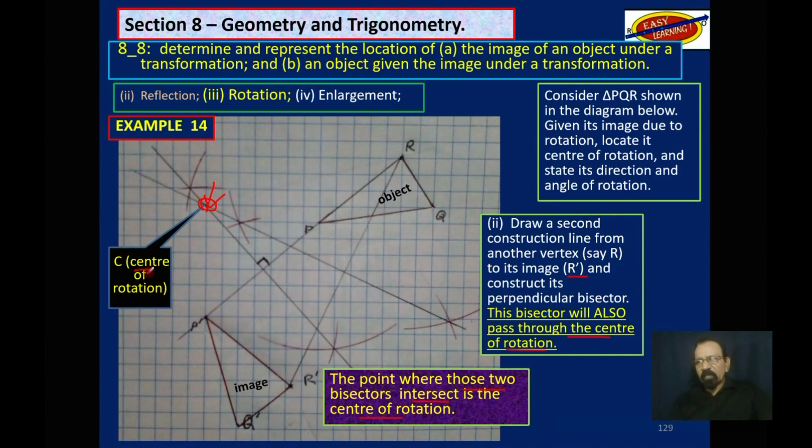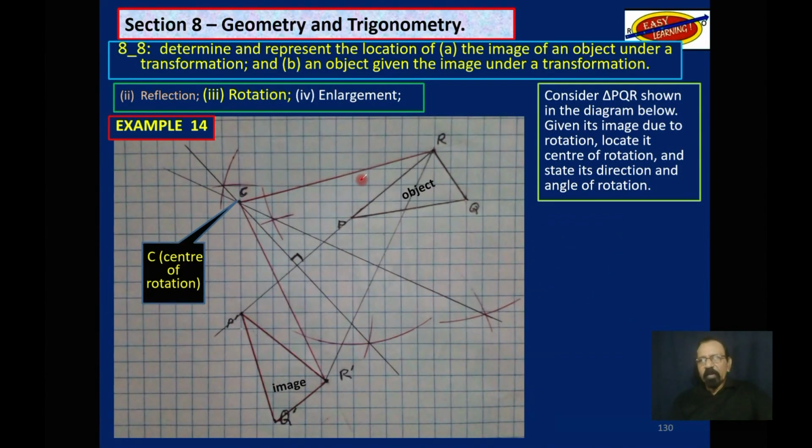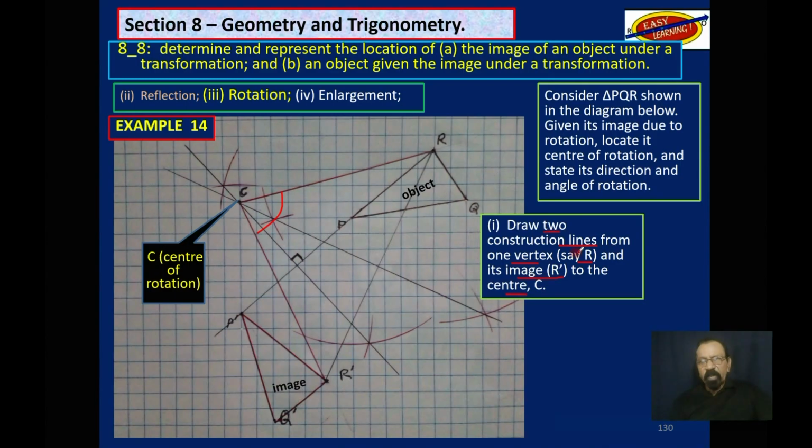Now that we have the center of rotation, we want to find the angle of rotation. Draw a line from R to C to R prime, or you could go from P to C to P prime, or you could even go from Q to C to Q prime. Doesn't really matter. And measure this angle. So draw two construction lines from one vertex, R, and its image to the center.